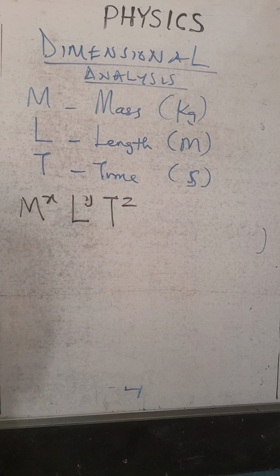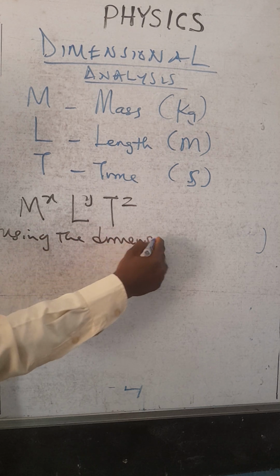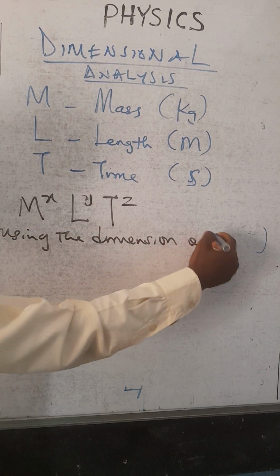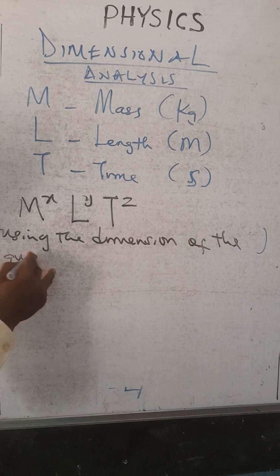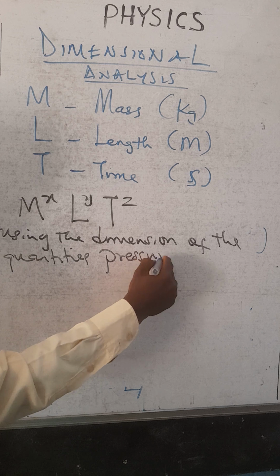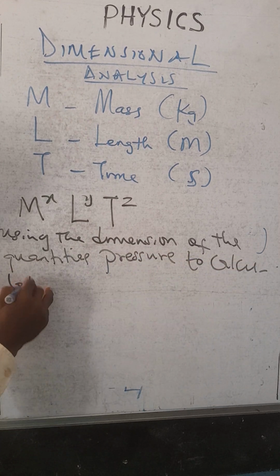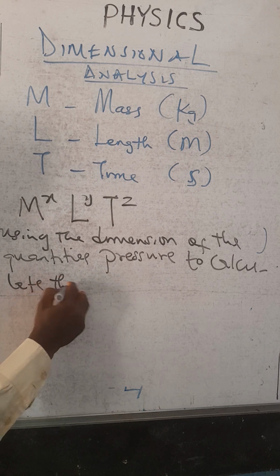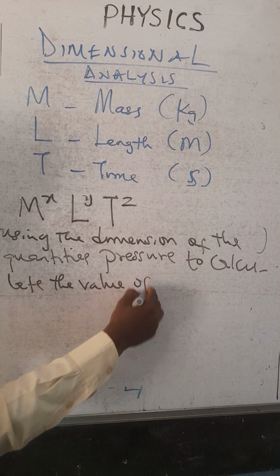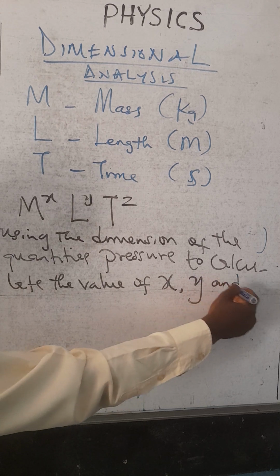And you are asked to use the dimension of the quantity pressure to calculate the value of x, y, and z.